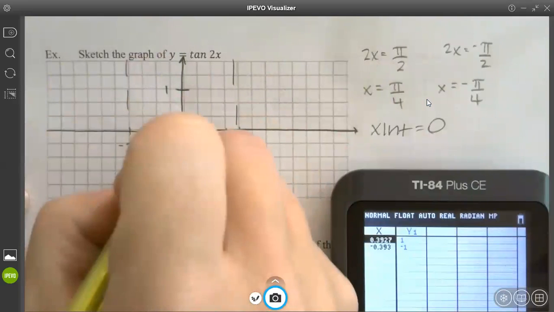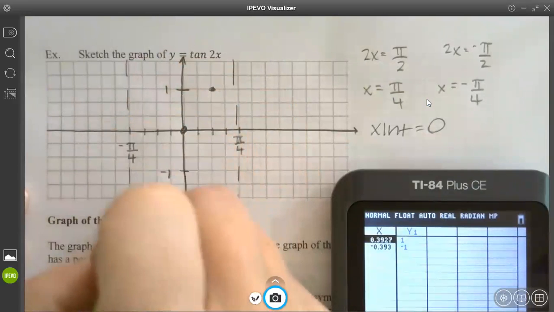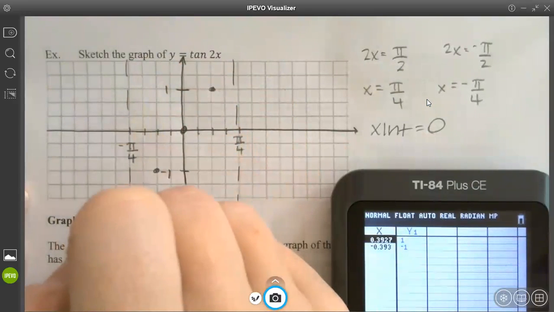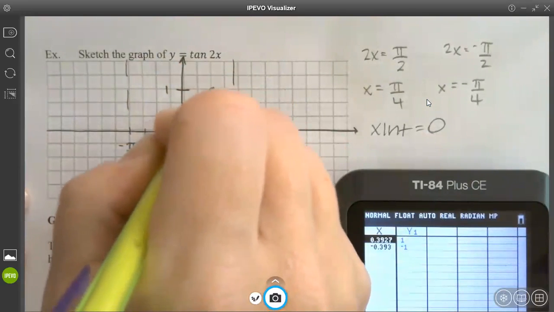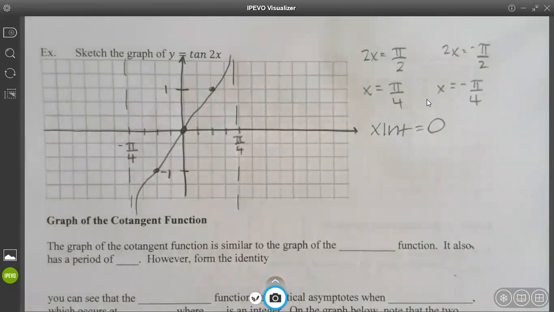So positive pi over 8 is positive 1 and negative is negative. It did not rotate it because we didn't have the negative 3. It didn't change the y values when you plugged in because it doesn't have the 3.